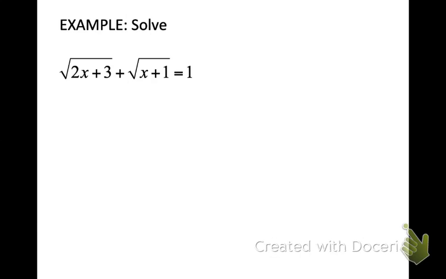So what I would personally do is separate my square roots from left to right so that they're on individual sides. If this one was a minus here, I would definitely move the negative over so it becomes a positive. But in this case, it's already positive, so it doesn't really matter which one I move.